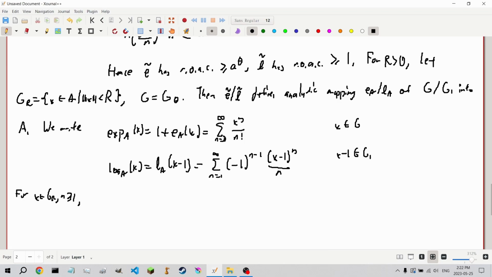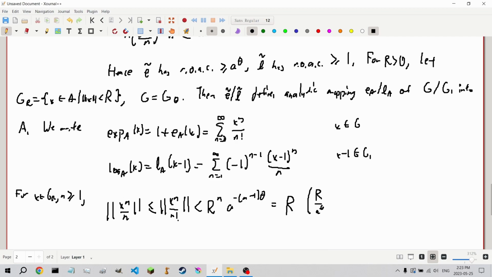So for x in G_R, n at least 1, the norm of x to the n over n is at most the norm of x to the n over n factorial, of course, which is less than r to the n times a to the minus n minus 1 theta, which is just r times r over a theta, a to the theta, this whole thing to the n minus 1.